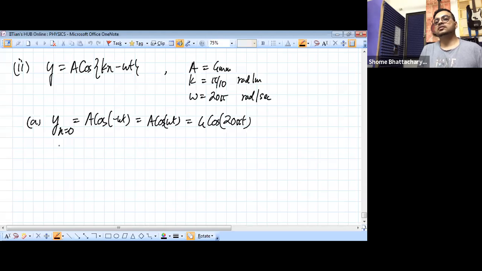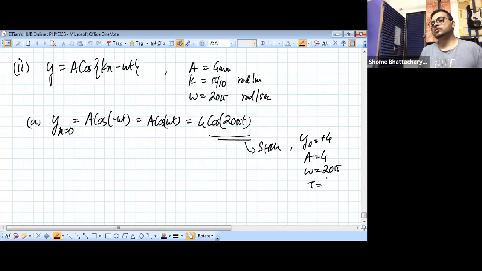So we can see that this is an SHM, where y naught is equal to plus 4, amplitude is equal to 4, omega is equal to 20 pi. So time period is equal to 0.1 seconds, or frequency is equal to 10 hertz.